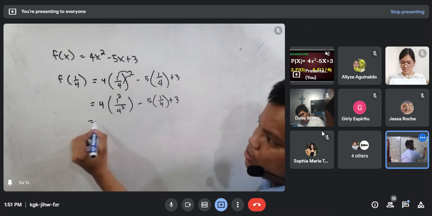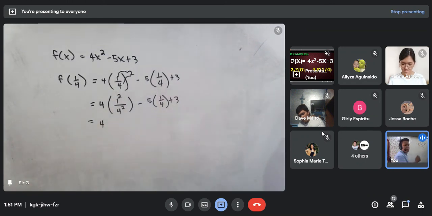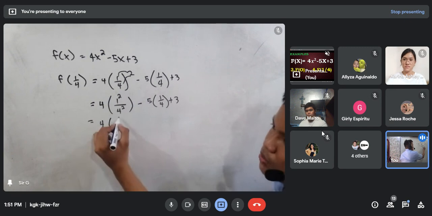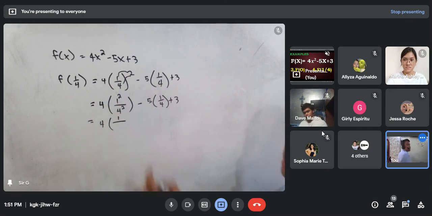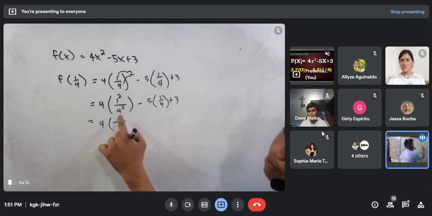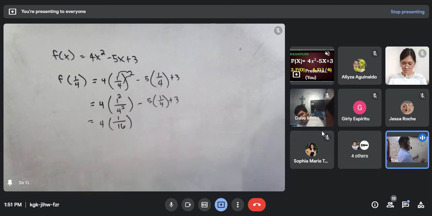Now, look. What is 1 raised to 2? 1 times 1. What is the answer here? 1 raised to 2 is 1, so that is 1 over 4 raised to 2. What is 4 raised to 2? 4 times 4. 16. That's not 4 times 2. That is 4 times 4. And next, this one. What is our rule for multiplication?